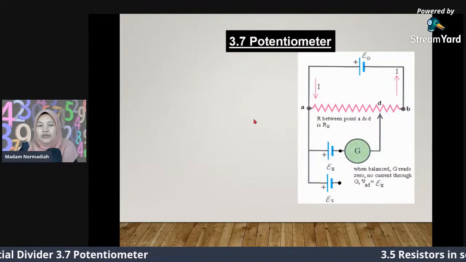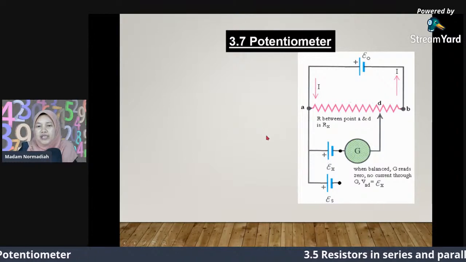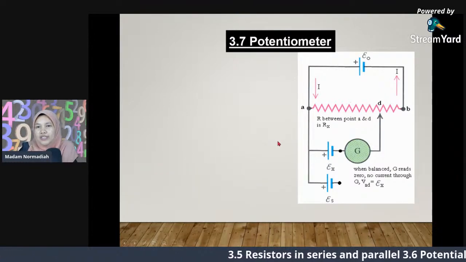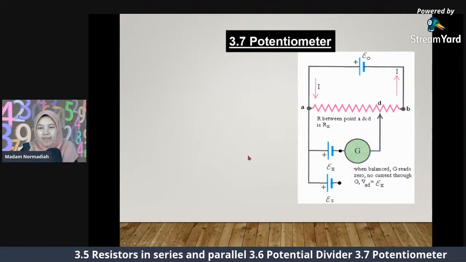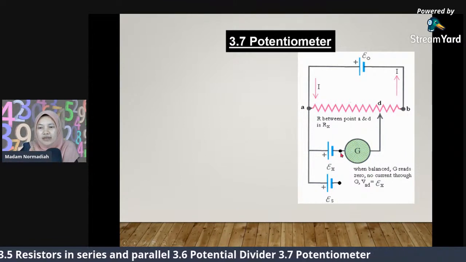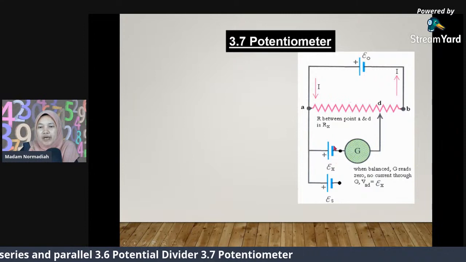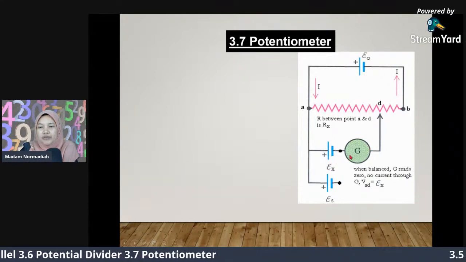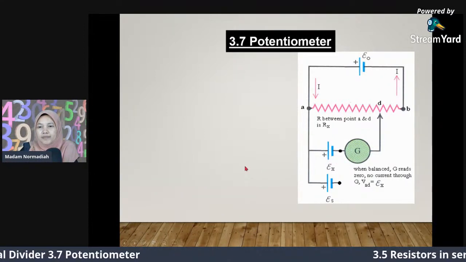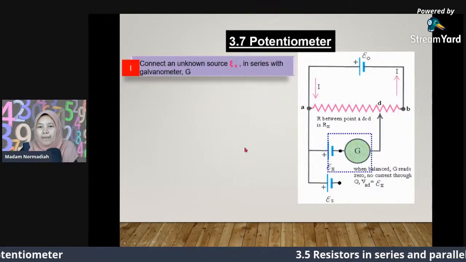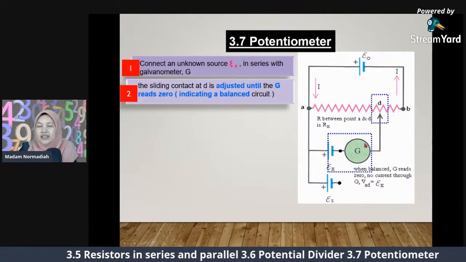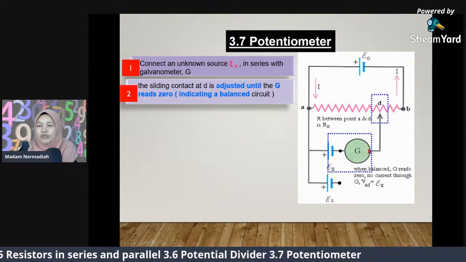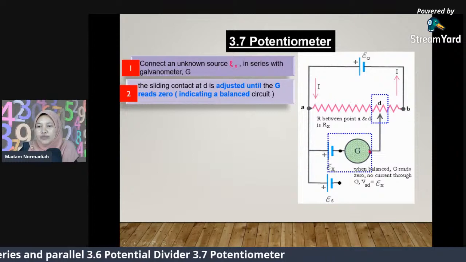Okay, now I want to show some steps in taking a measurement by using a potentiometer. First, we connect the unknown EMF in series with the galvanometer. Then, we adjust the slider until the galvanometer equals 0, the balance point.